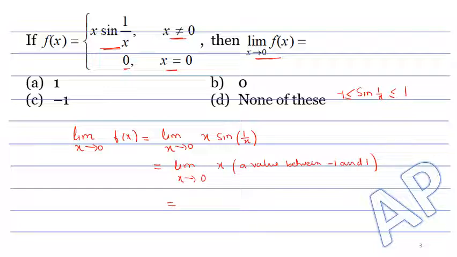Therefore, when you apply the limit, this is equal to 0 into a value between minus 1 and plus 1. That is, limit of this function is 0. So option B is the correct choice.